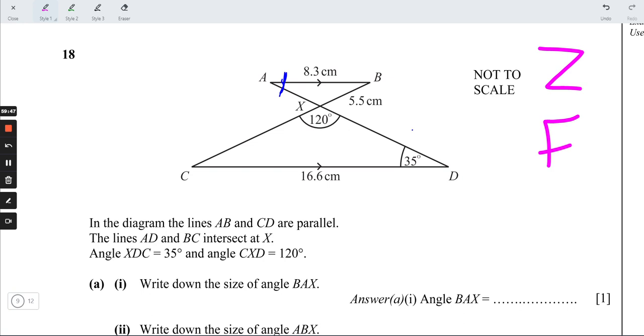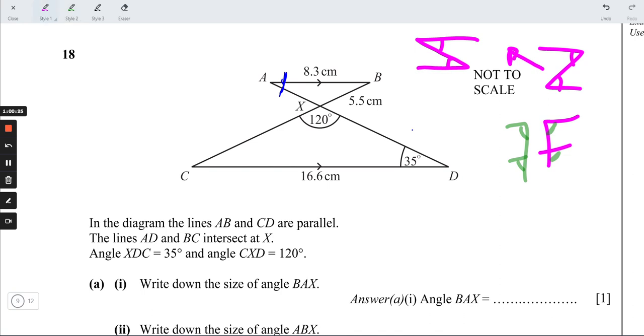With the Z shape we have alternate angles, and they are equal, whatever the direction is. For the F shape, this angle here, one inside, one outside, are equal, and they're called corresponding angles.